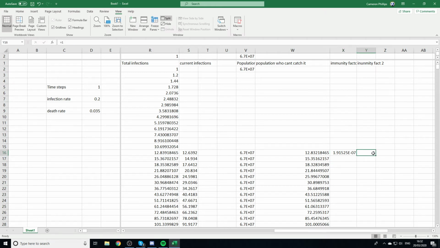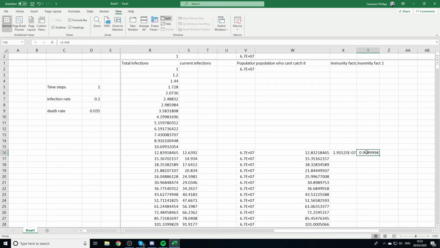What have I done here? I want equals 1 divided by this number here. No, that is not what I wanted to do. I'm speaking rubbish. It's 1 take this number here. Has that done it? I did not put the equals in. Let's try that again. It's 1 minus this number here.